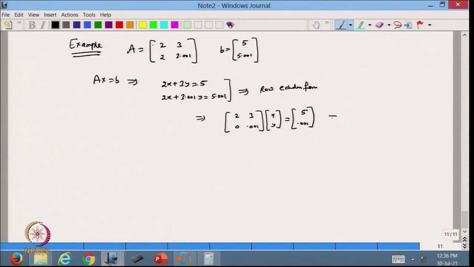And if you solve this system, then you will get y is equal to 1 and then x is equal to 1. So, from here we will get a vector 1, 1, that is my x solution. Okay. Now, what is going to happen now?